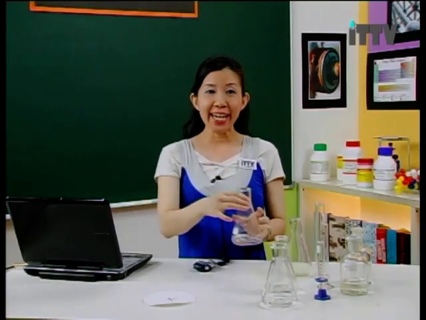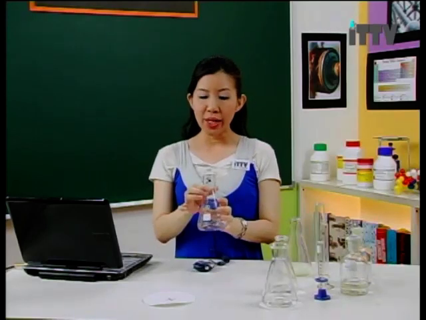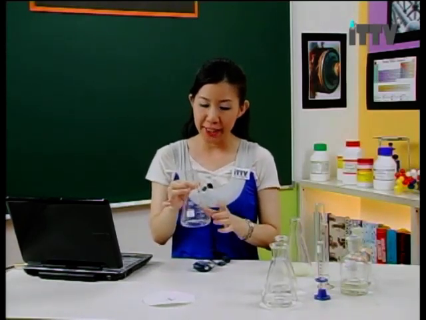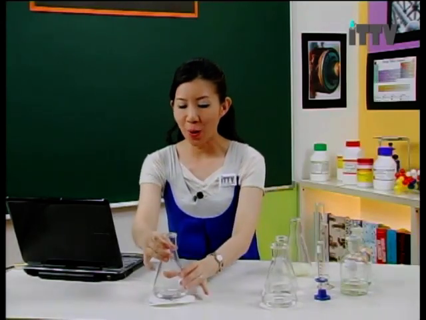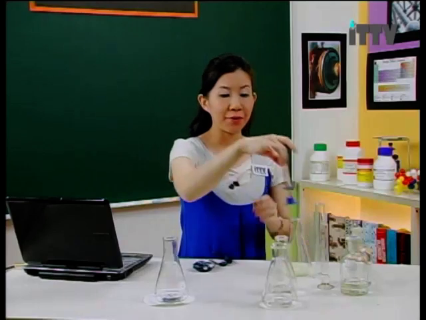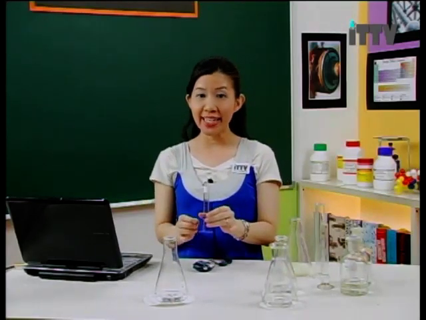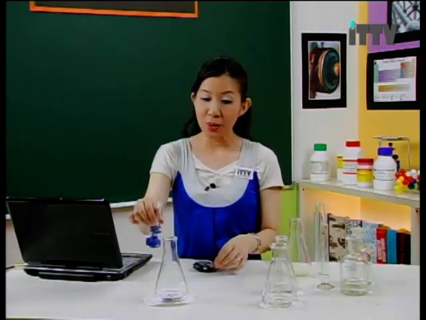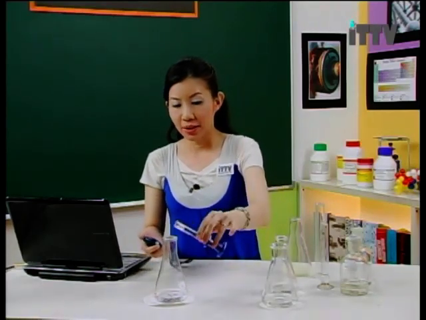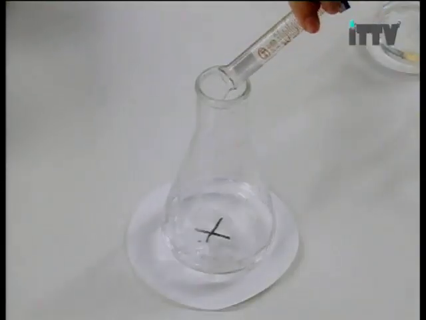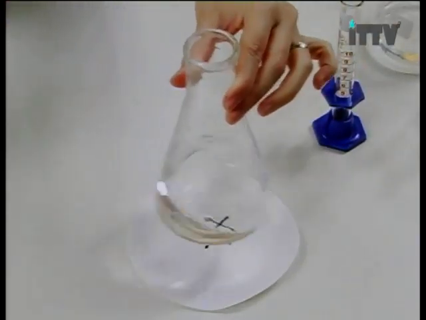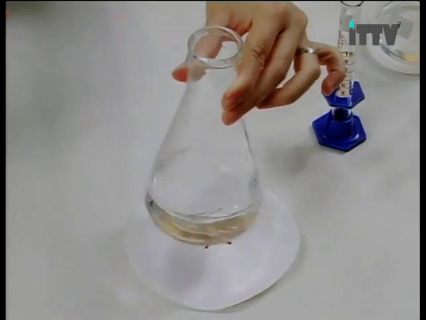So let's start with experiment 2. We have a diluted sodium thiosulfate concentration here, and I'll place it on the cross. So here I have 5 ml of hydrochloric acid again, and I will slowly add it into the conical flask. Okay, and I'll start to swirl.